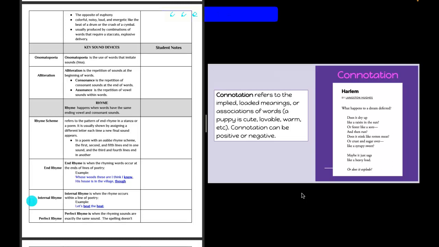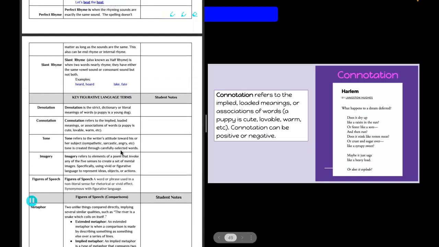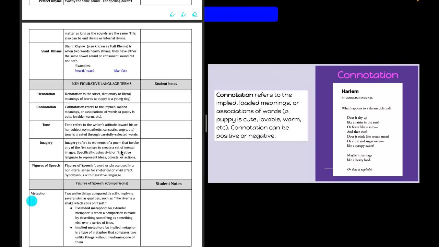Maybe it just sags like a heavy load, or does it explode? So this is a connotation because it's a description of a dream, not a definition. If it were a definition, it would be a denotation. Connotation, explanation; denotation, definition.